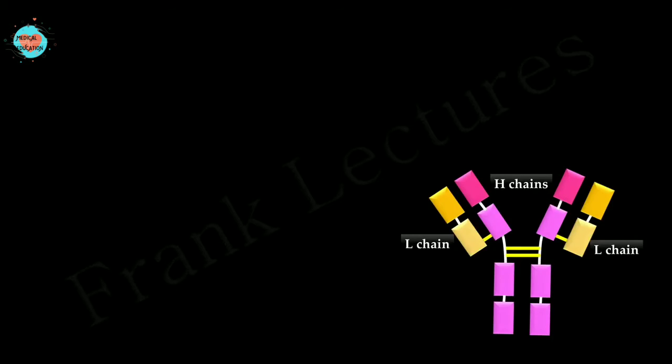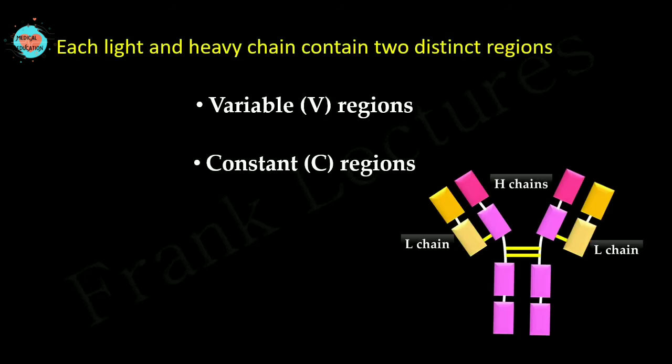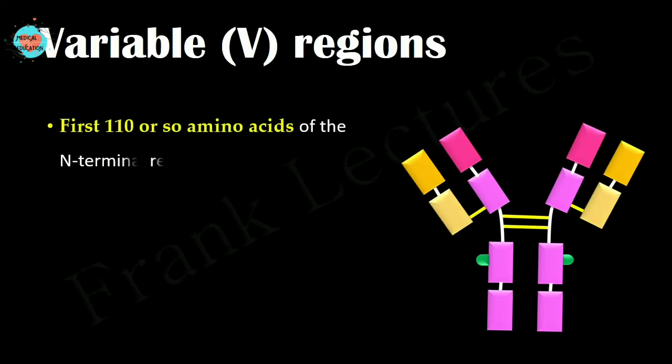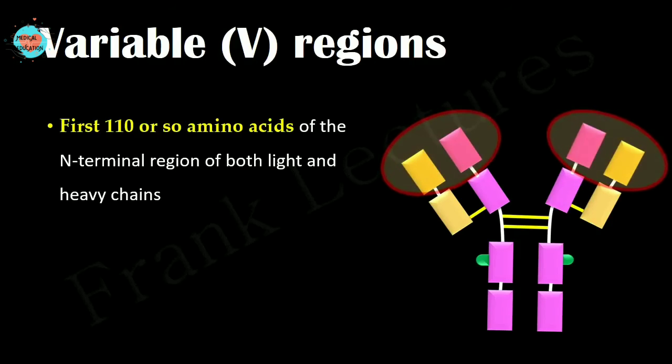Each light and heavy chain contains 2 distinct regions: variable regions and constant regions. Variable region refers to the first 110 amino acids of the N-terminal region in each heavy and light chain. These regions are so called because the amino acid sequences in these regions have great variability.